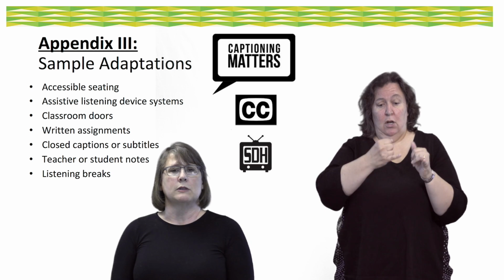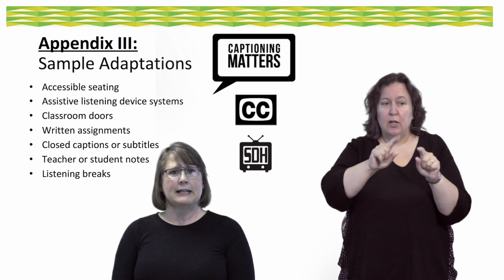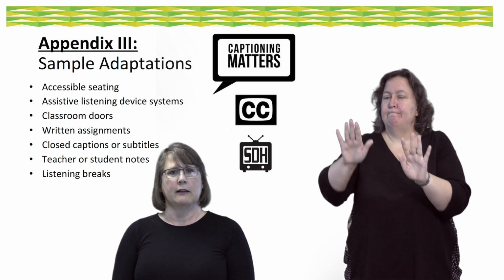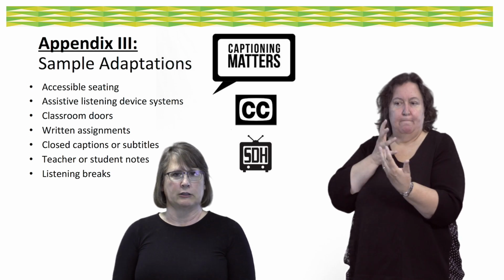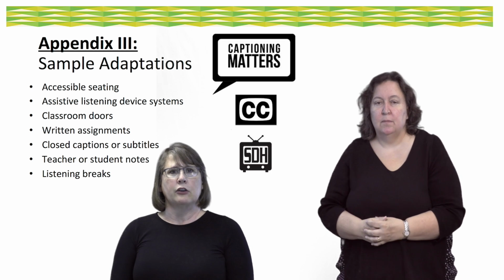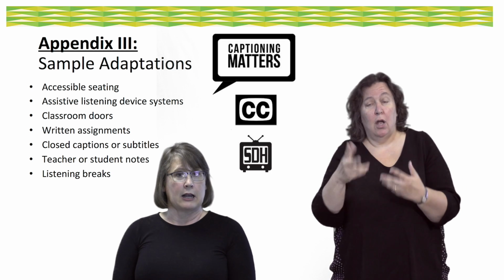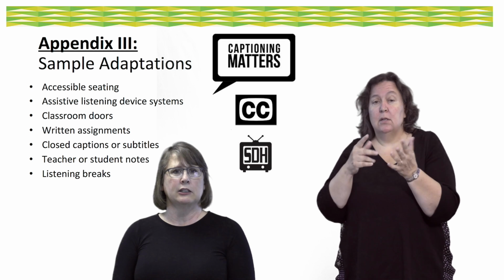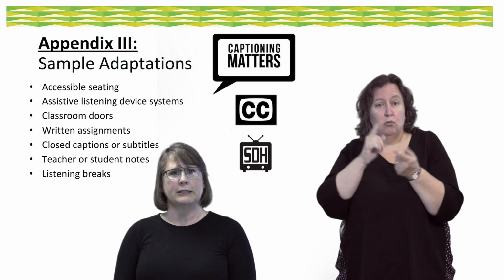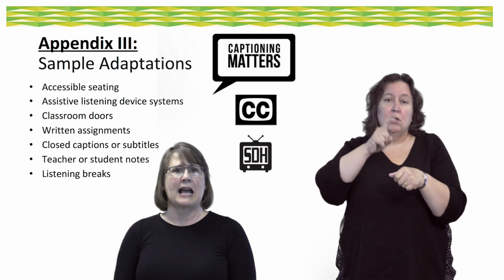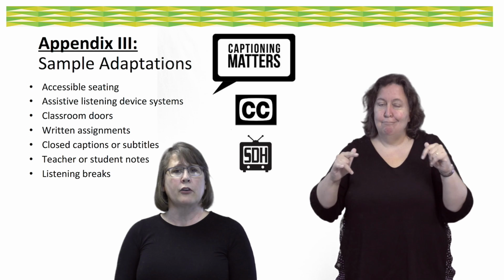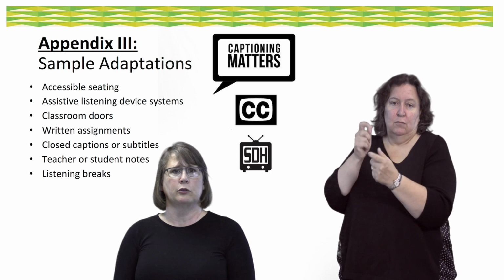The individual student's needs and abilities should be taken into account when determining educational adaptations. Others may also include a sign language interpreter, cued English transliterator, note taker, and real-time captioning services, as well as other adaptations specific for students.